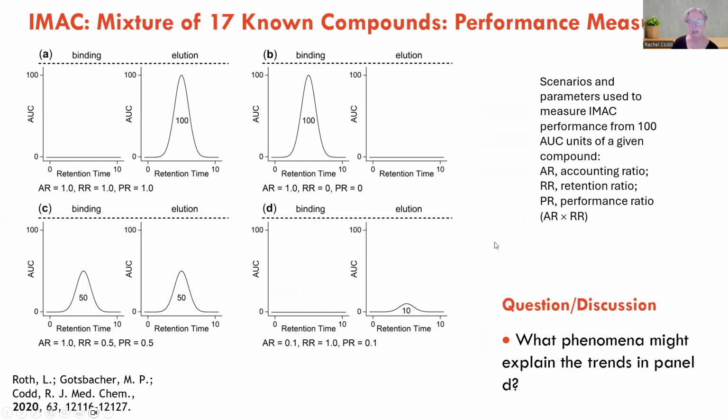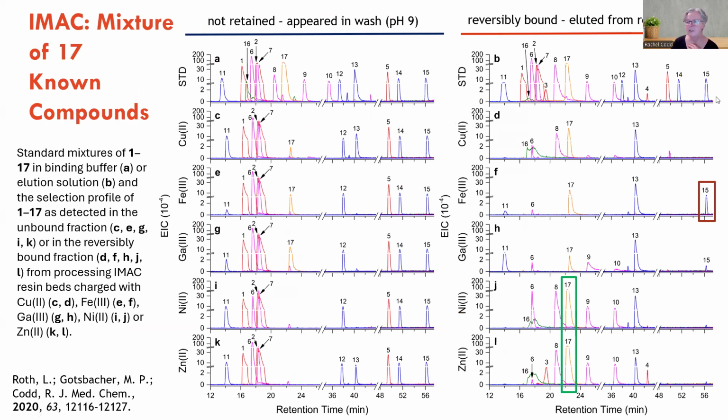All right, so I've really answered that question. So this is pretty messy, but we can try and talk this through. What I've shown in panel A and panel B are really the standard curves. So this is really just a liquid chromatogram of the mixture itself, right? It hasn't actually been processed by a resin.